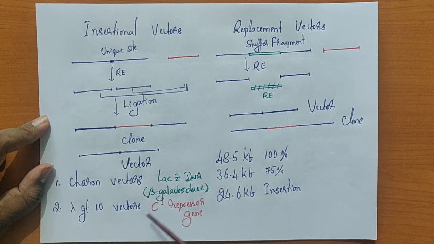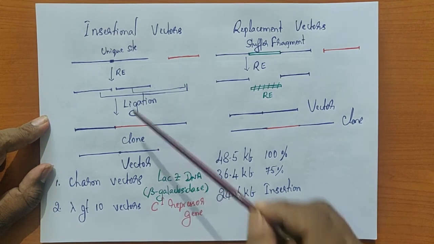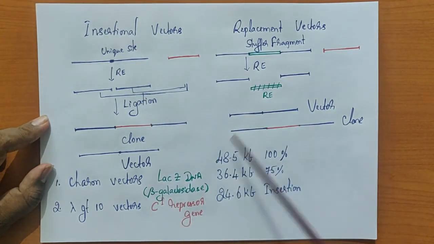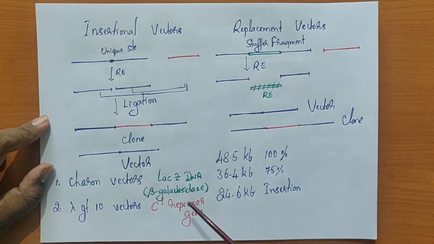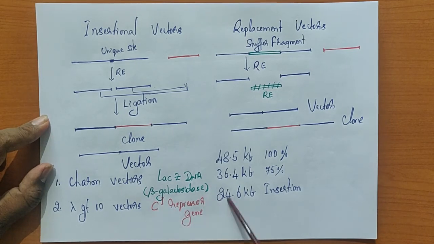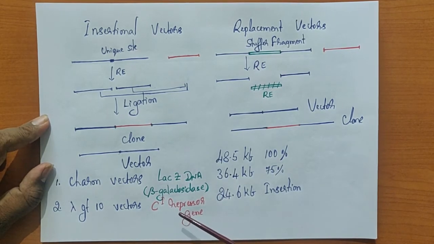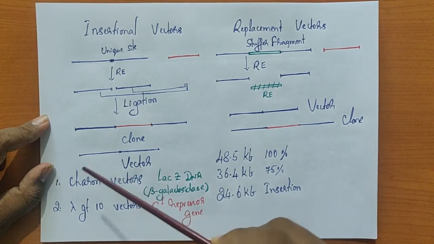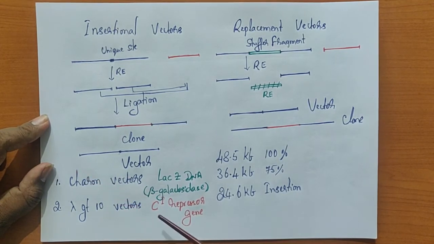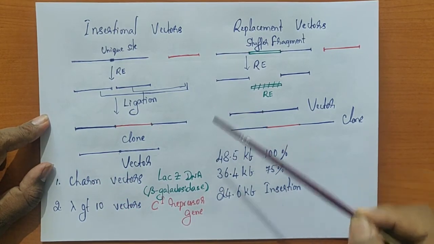Suppose this cI repressor gene is there in the unique site or in the stuffer fragment. The moment we insert the DNA of our choice in the cI repressor gene, the cI repressor gene is no more functional. As a result, this will never enter into the lysogeny cycle. It will always enter into the lytic cycle.